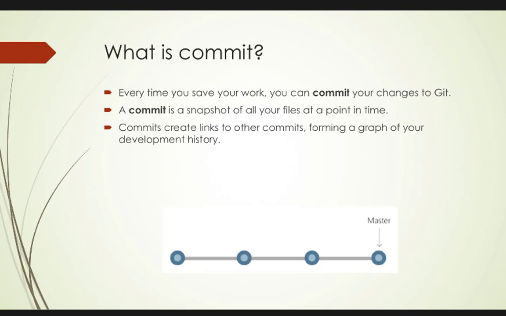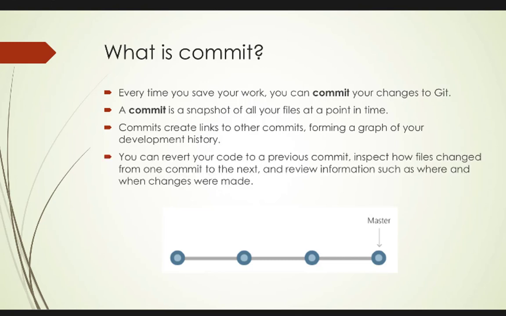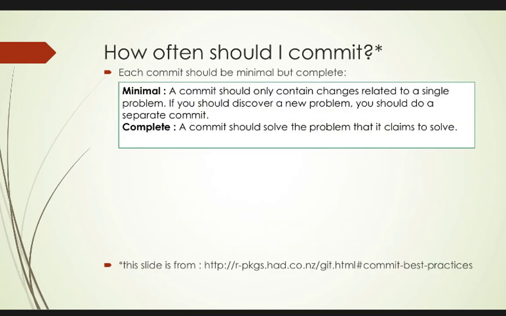And commits create links to other commits, which you can see in the picture below, which shows different commits, and you can just go back and click on each of those circles and see the history of your file and easily revert your files to any commit step that you like. So that is about commit.